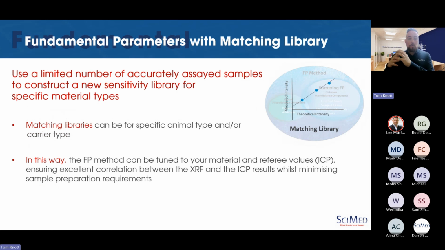If we take the FP approach, which is the software modeling the interactions, the unmeasurable components, and how they impact the measurable elements in order to report a concentration from the inbuilt sensitivity libraries of the device, if you layer on top of that a bit of training, almost like machine learning, to teach the XRF, here are one or more samples that are akin to the matrix and sample type of those I'm measuring, be that a soil, a hay, a premix or a final feed, and allow it to say, right, I now have more of an understanding of what the matrix interactions are, and be able to perform a sample family or sample specific bias correction in order to optimize the accuracy versus what would just be spat out by the software as default.